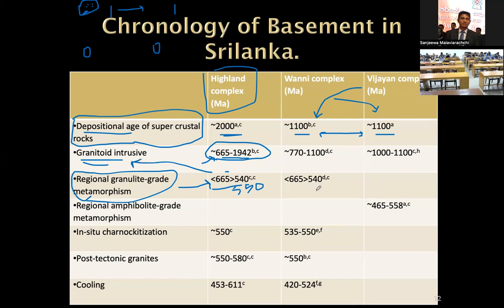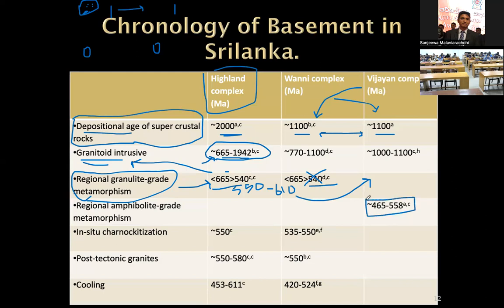Right? For the Vanni complex, also the same. Even though it says 550 here in this table, you can consider it 550 to 610, even for the Vanni complex, no problem. The same age range has been discovered from the Vanni complex rocks also. For the Vijayan complex, it's actually amphibolite phase metamorphism, right?